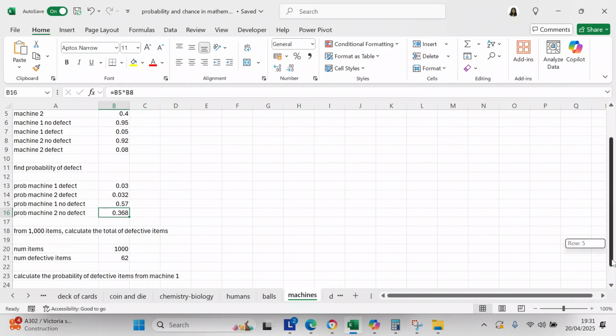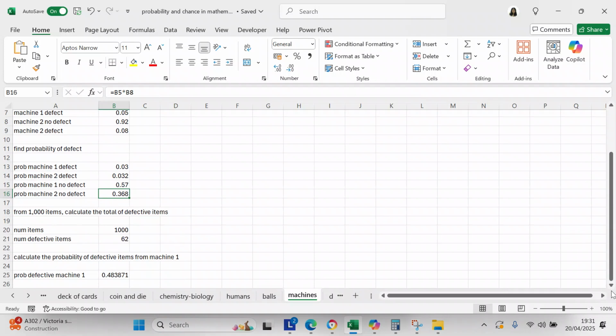So now it asks the question, from 1,000 items, calculate the total of defective items. So the number of items is 1,000, and number of defective items is B20 times B13 plus B14. And so that's 62.